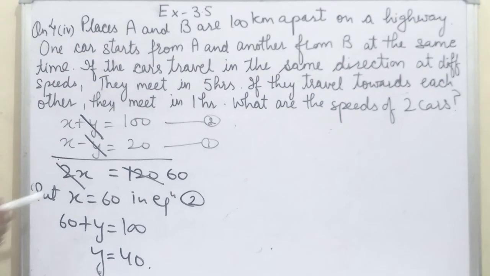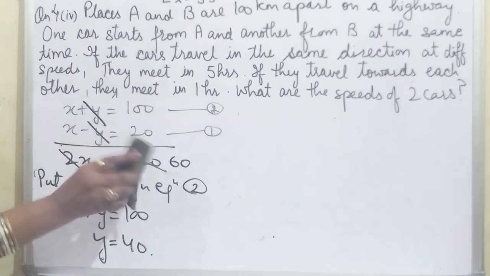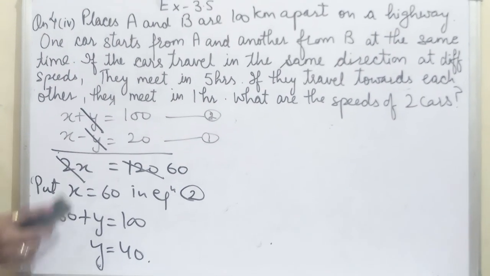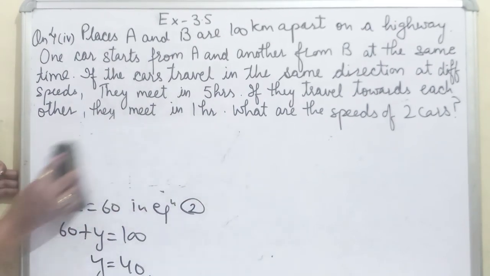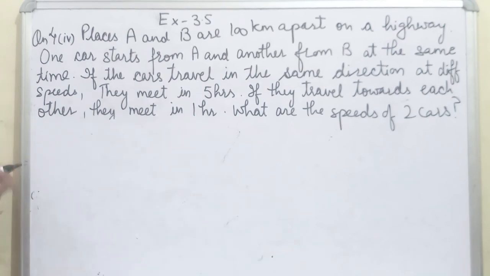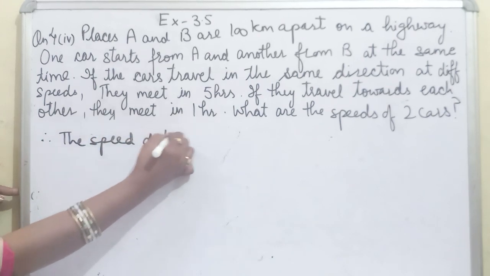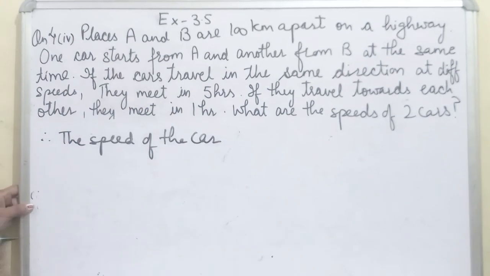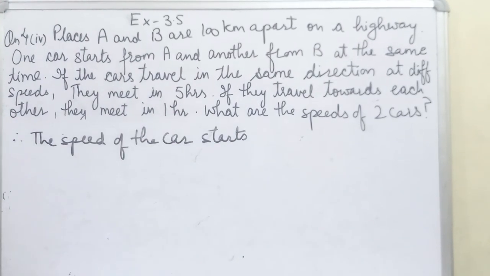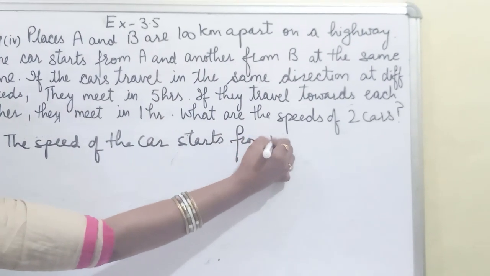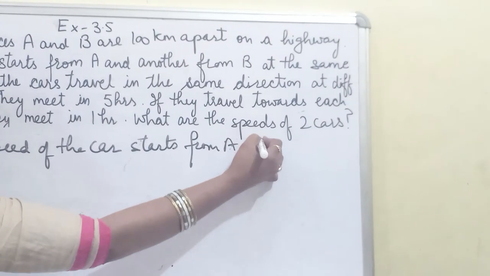Right, now you have the values of x and y, but how do you have to write the answer? You need not leave the answer in this form. You have to write the answer in a proper way. How? Let me tell you. At last you have to write the speed of the car that starts from A is equal to, what was the speed?